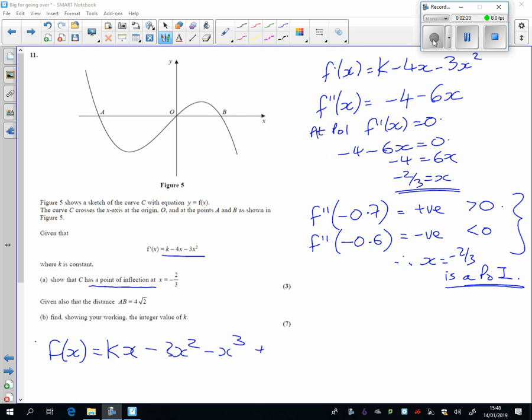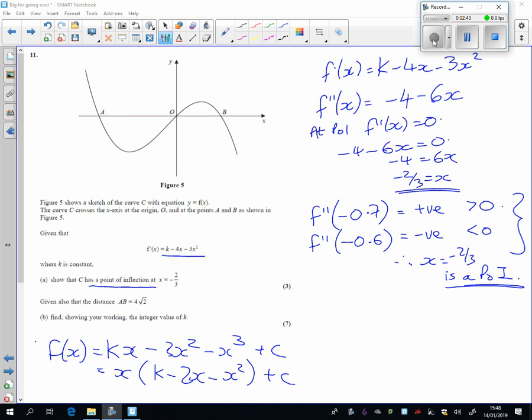I'll put a plus c on the end of it. I won't need it, I'll show you why in a second. I'm going to factorise out the x, so I've got x lots of k minus 2x minus x squared plus c.